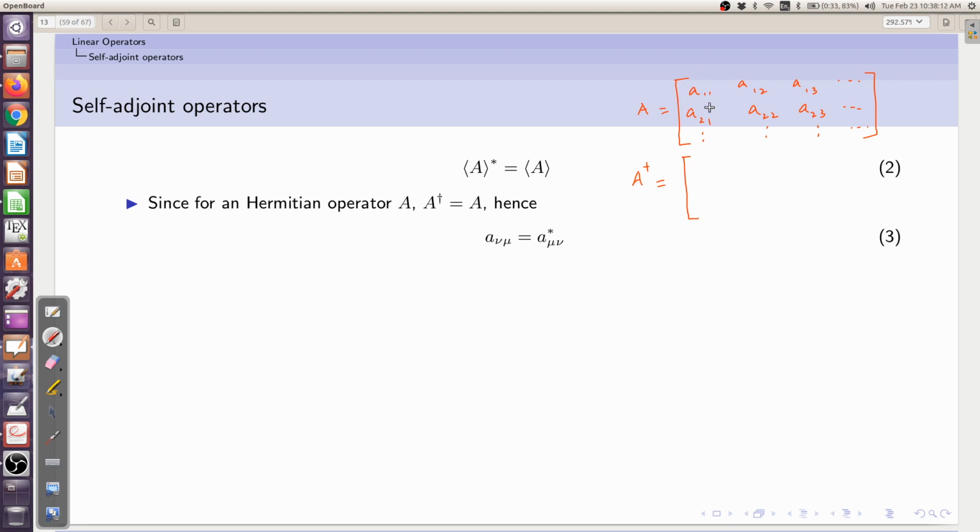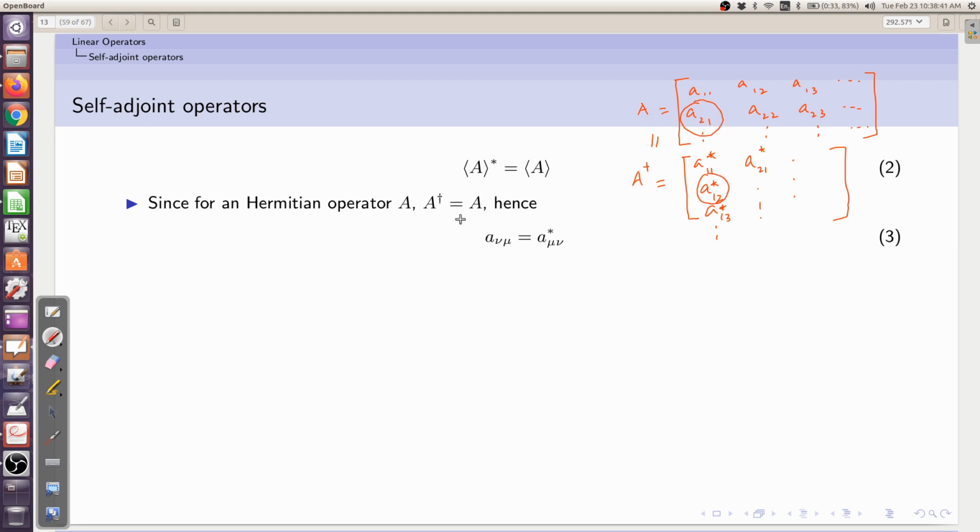That means you are taking the conjugate. So A11 star, and then this A12 will come over here. A12 star will be here, then A13 star. Similarly, A21 star, and so on. This is what A dagger is going to be, and because these two are equal, that means A21 and A12 star must be equal, right?